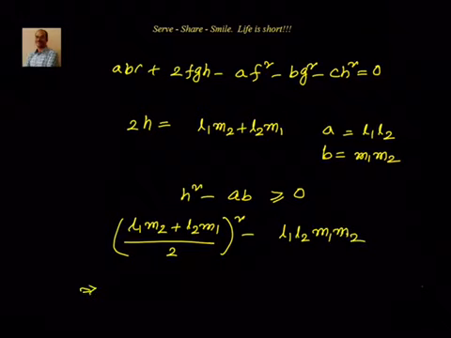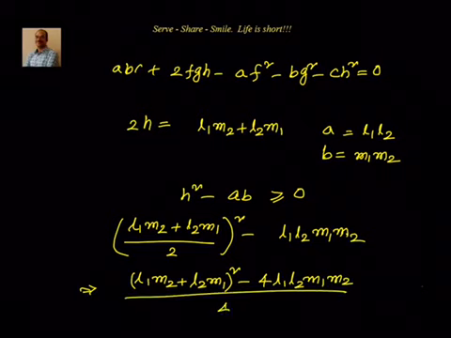That's equal to, you take LCM, it will be L1 M2 plus L2 M1 whole square minus 4 L1 L2 M1 M2 divided by 4, which is equal to L1 M2 minus L2 M1 whole square by 4, which is always positive because square of a value is always positive.